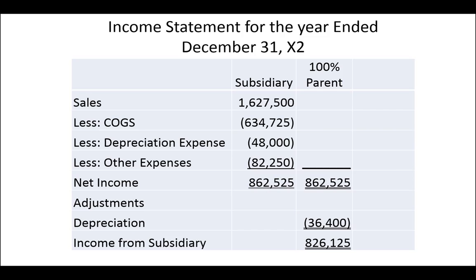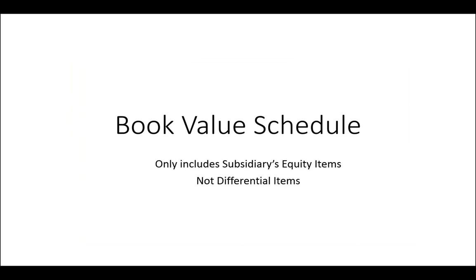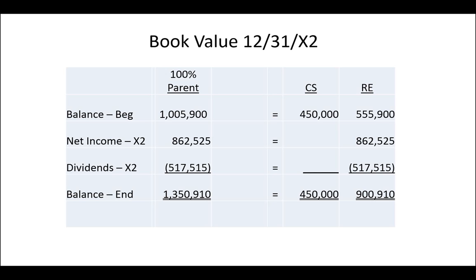Let's go ahead and go through the same process. Let's do our book value schedule. Remember, the ending balances last year become our beginning balances this year. To that, we add net income minus our dividends. We must also maintain the differential schedule.